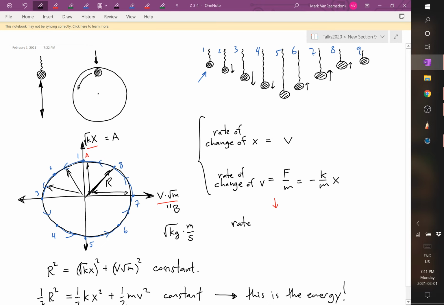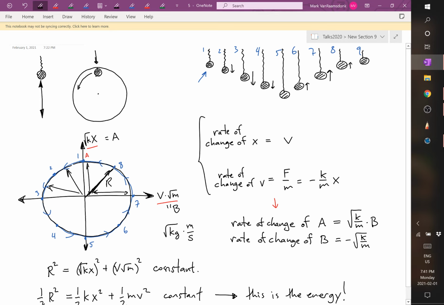So we find that the rate of change of A turns out to be, you can check, the square root of k over m times b, and the rate of change of b equals minus the square root of k over m times a.